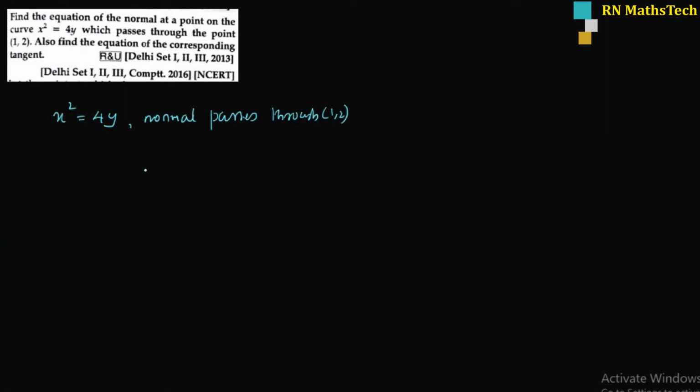Let x1, y1 be the point on the curve. Therefore, x1 square equal to 4y1.